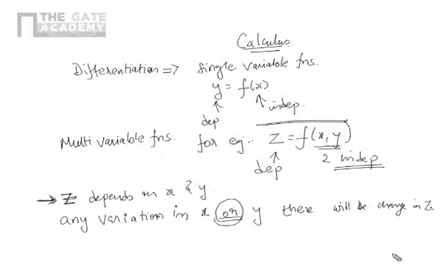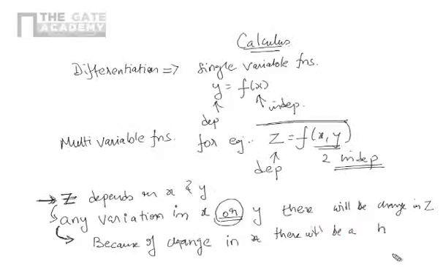Correct? Now again, I came from this statement to this statement. Let me go step by step. Let me form further statements from this statement. Means what? Because of change in x, there will be a change in z.